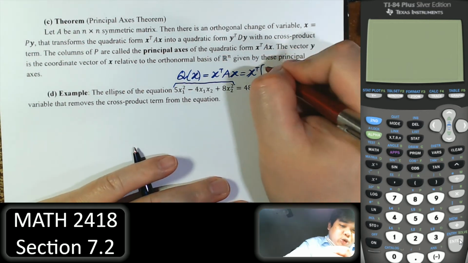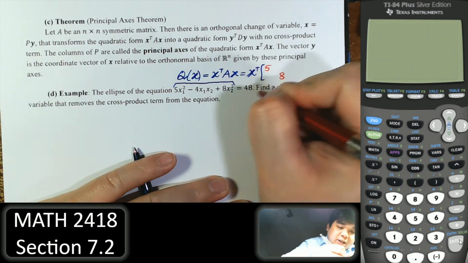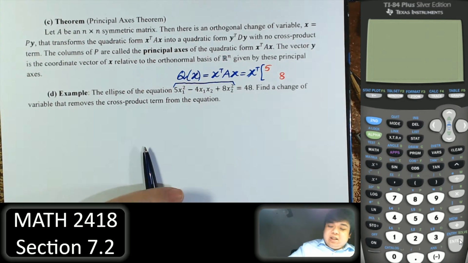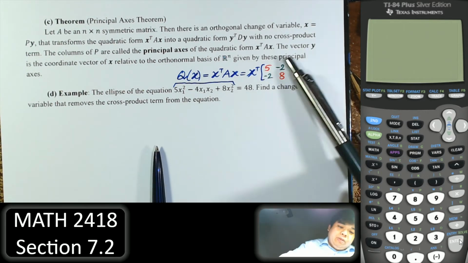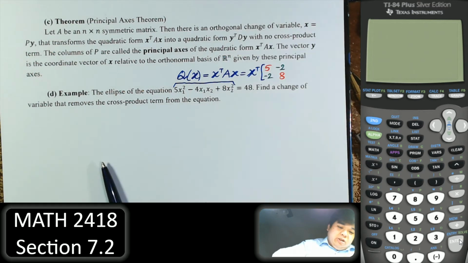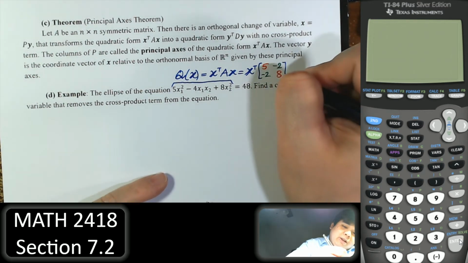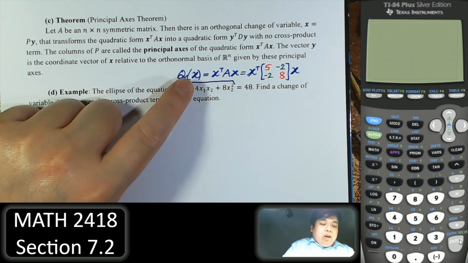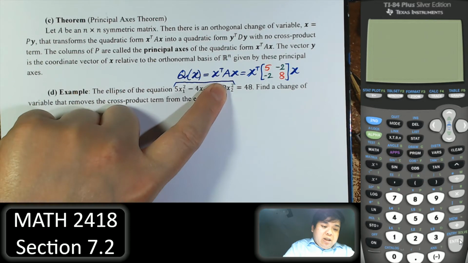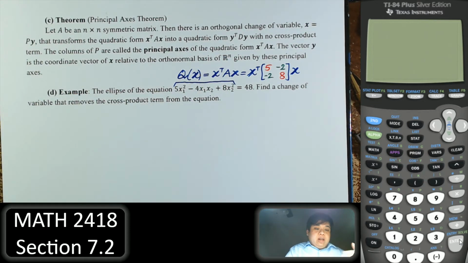The square terms will be on the diagonal, and the negative 4 here will be split into the other two across the diagonal, and then we have x. So now we're going to orthogonally diagonalize A, and in that process we eliminate the x1 x2 term.